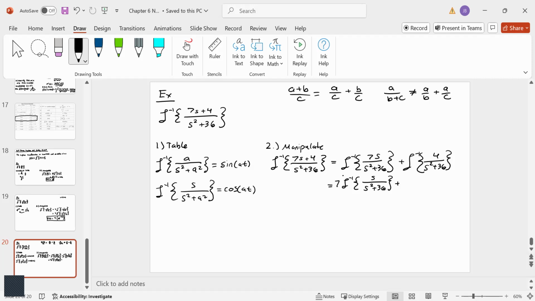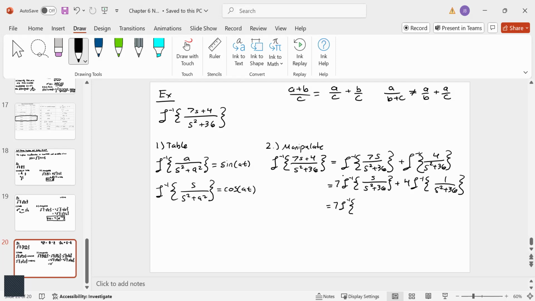And then here, I'm going to factor out a 4, and I get 1 over s squared plus 36. So I look at this and I recognize that I have s by itself, so cosine's almost done, but I need to write it in terms of this a squared. Now, eventually you can just look at it and know what a squared is. It's just this number. But for this example, we're going to practice doing that.